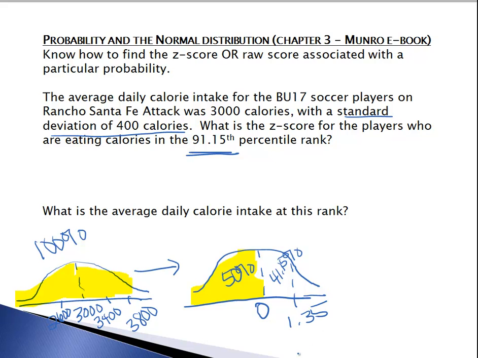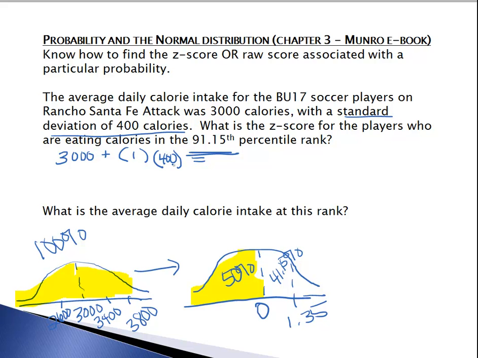And I know that over here, when I was going from 3,000 to 3,400, what I was doing was saying the mean is 3,000 plus 1 standard deviation times 400. The standard deviation is 400 calories.